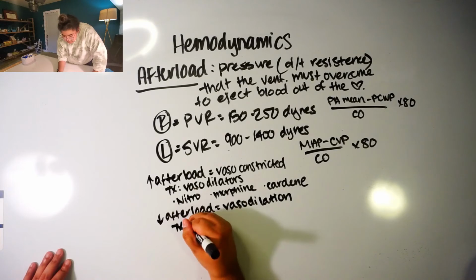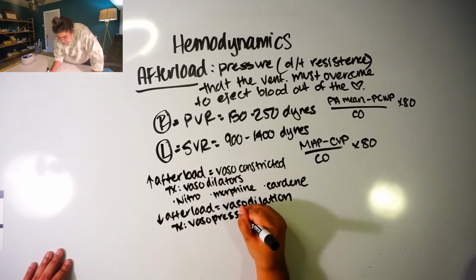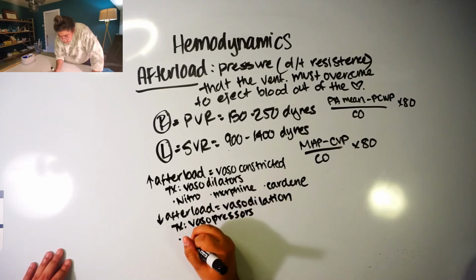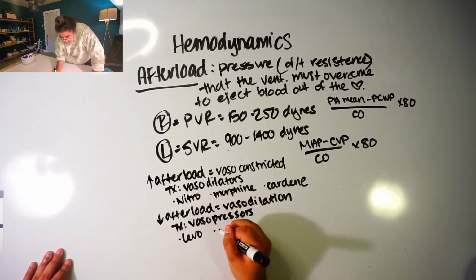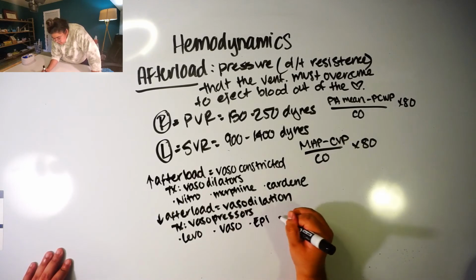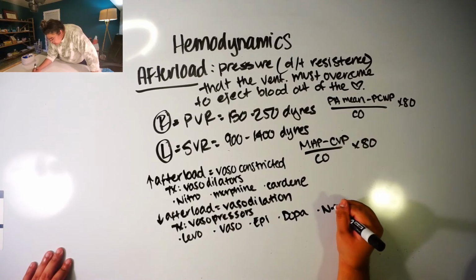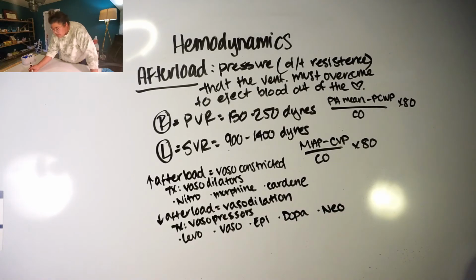So we treat with vasopressors. Your five pressors are going to be levo, vaso, epi, dopa, and neosynephrine or phenylephrine.